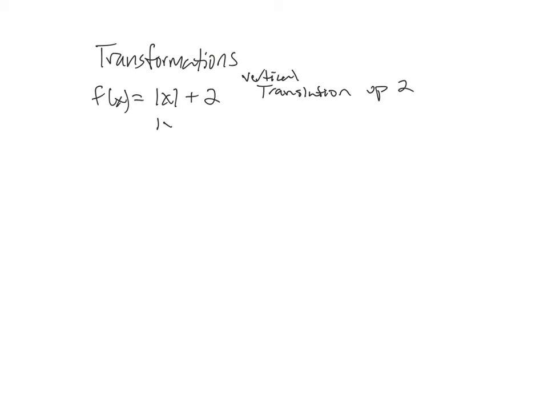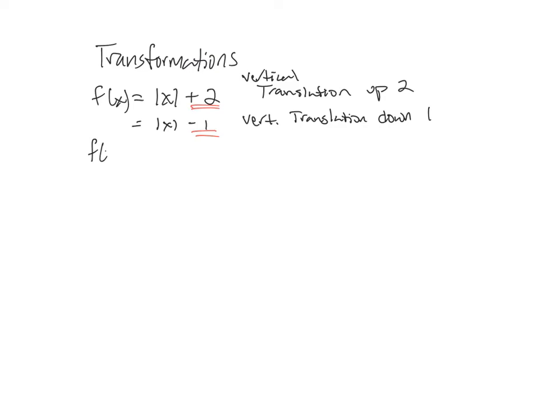If you had -1, you would say a vertical translation down 1. Okay, so these numbers here and here are a translation up or down, just depending on whatever the number is.